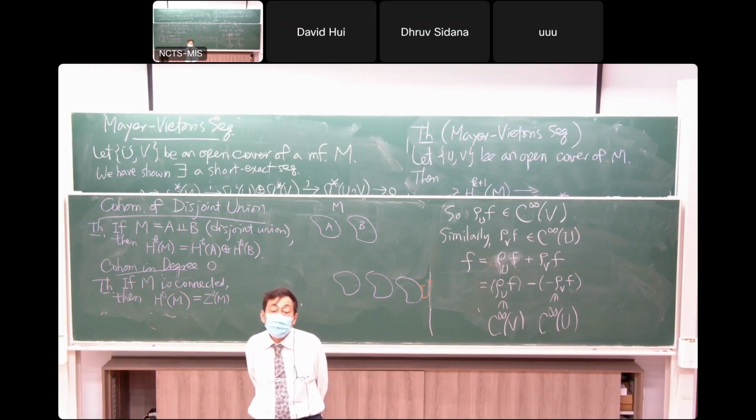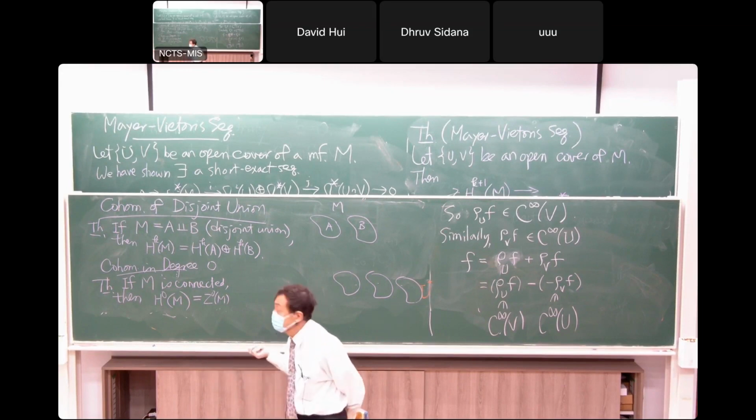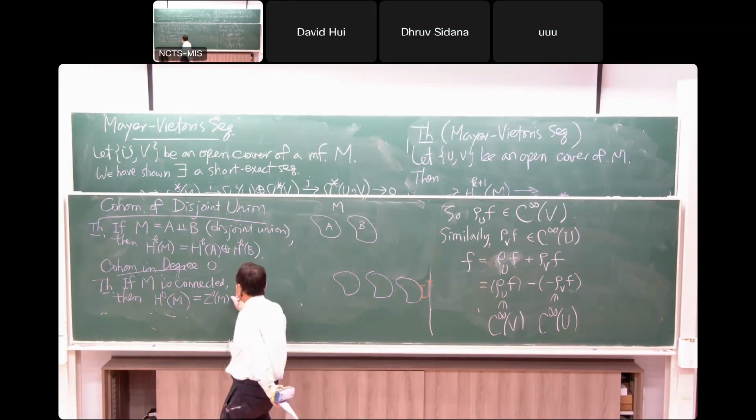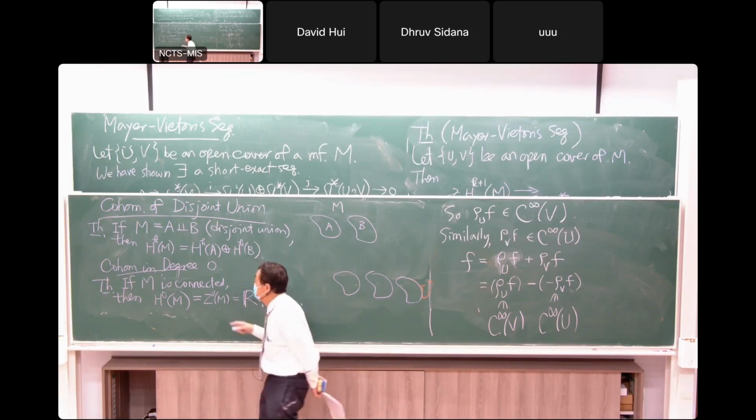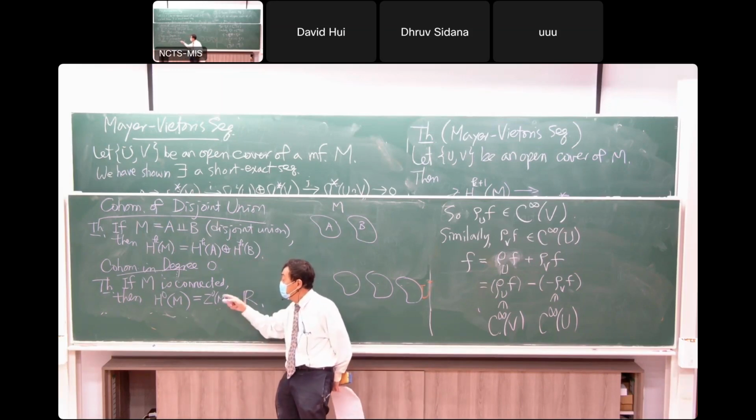Okay? It would be constant on R, but locally, you have coordinates, so locally constant. And a locally constant function on a connected set is constant. So, I'm not writing down the details, but if M is connected, then H0 is R.